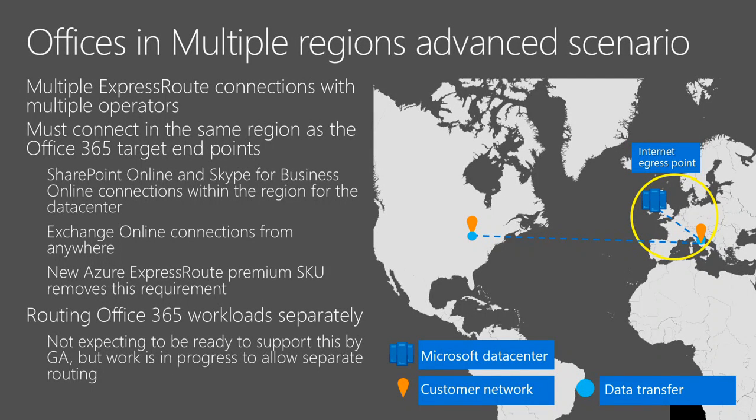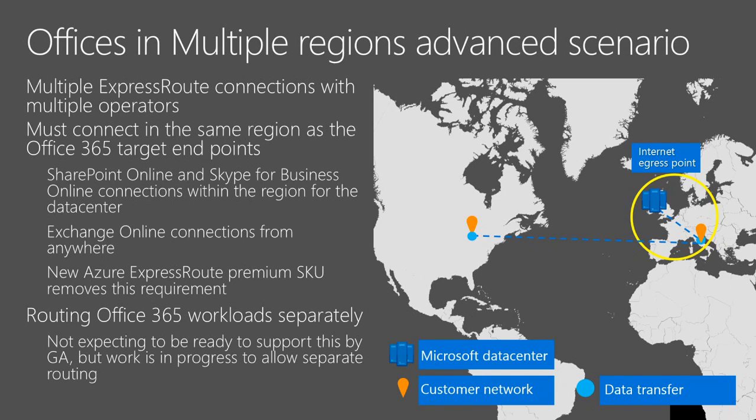And so if you have this connectivity, there is a restriction in Azure ExpressRoute that you can only connect to Microsoft front-end servers in the same geographical region as where your connection is. And so this effectively means, for this diagram here, what we're saying is we're not going to backhaul your data over the Atlantic. Does that make sense?